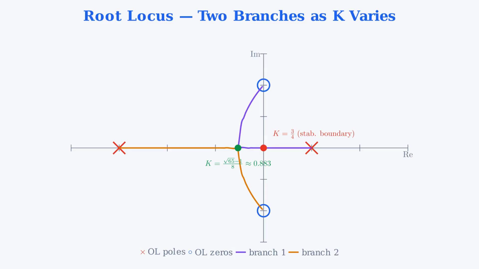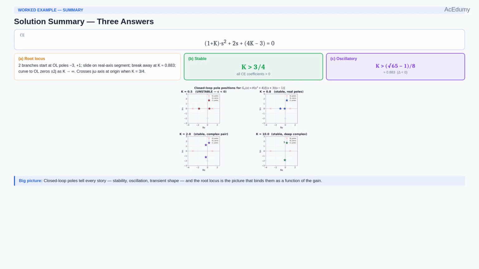The locus crosses the j omega axis at the origin when k equals 3/4. That is the moment the closed loop becomes stable. The breakaway from the real axis happens at k equal to root 65 minus 1 over 8, about 0.883, the moment oscillation begins.